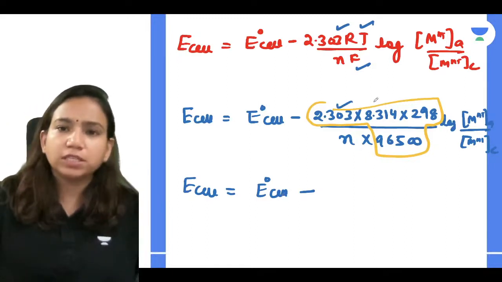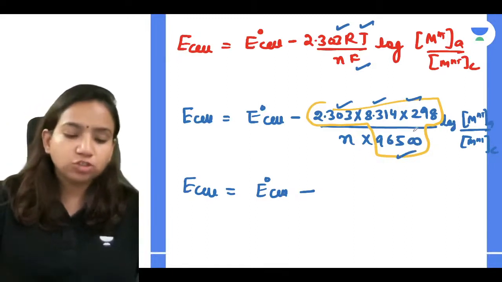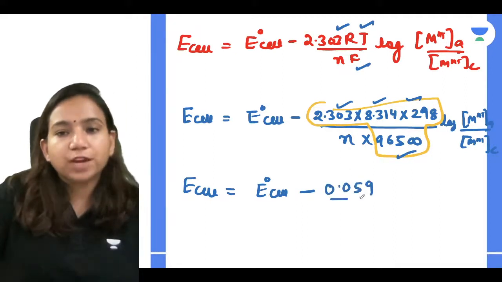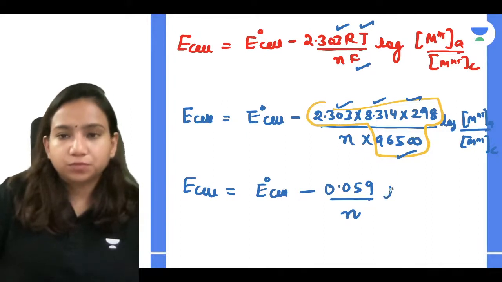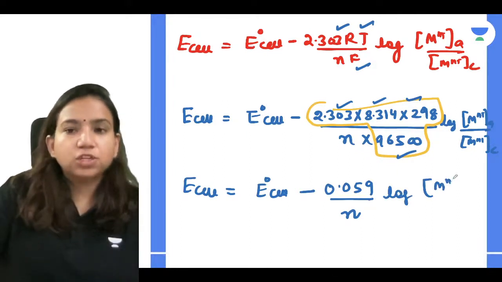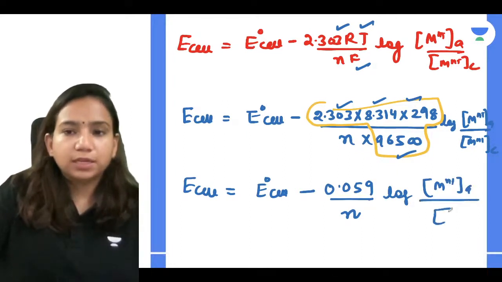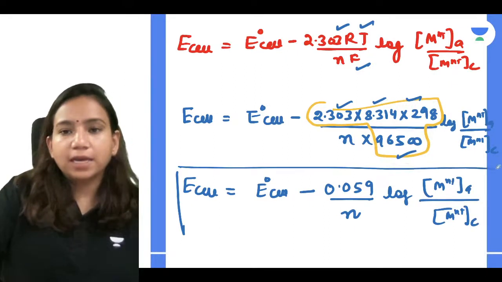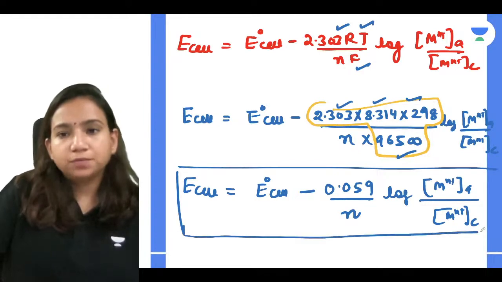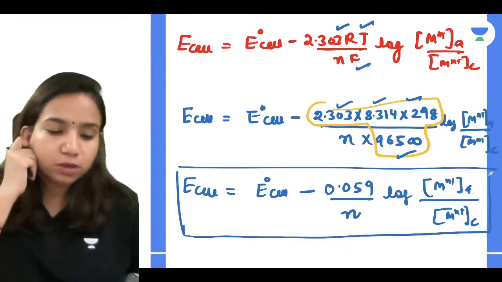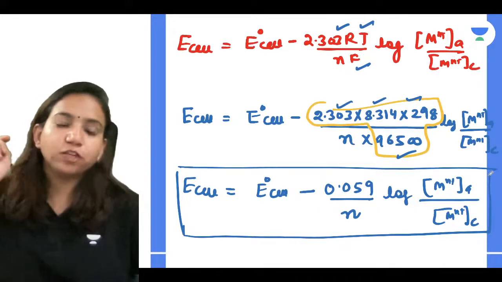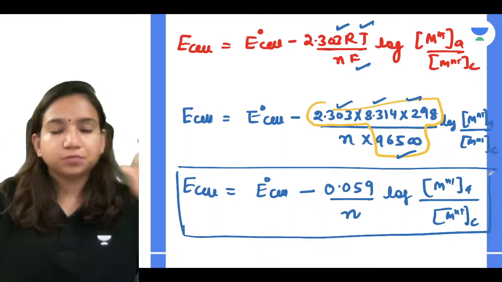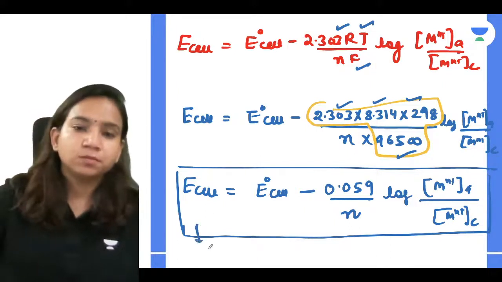They are all constants, you don't have to change them. So when you solve it, you will get 0.059 divided by N log concentration of anode divided by concentration of cathode. So this is my Nernst equation, which I can utilize in any of the numericals, in any question. Correct, everyone? So this is our Nernst equation.